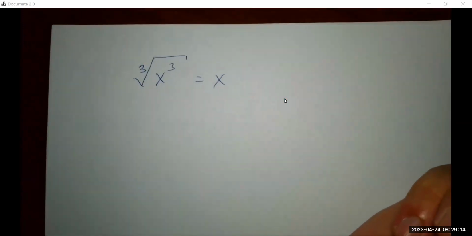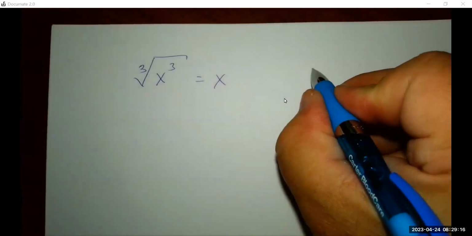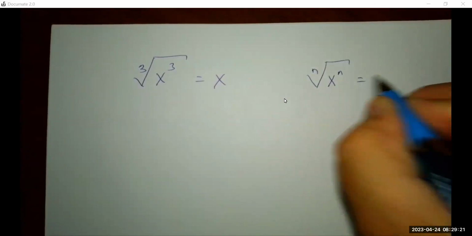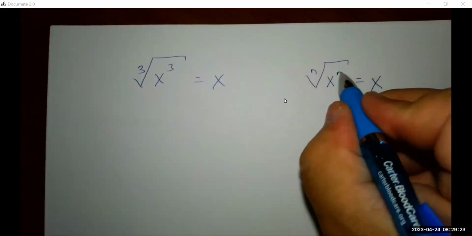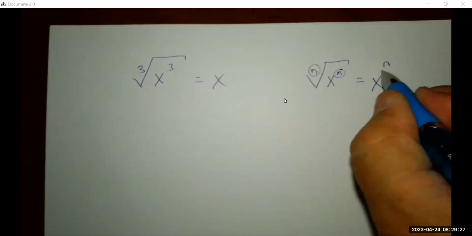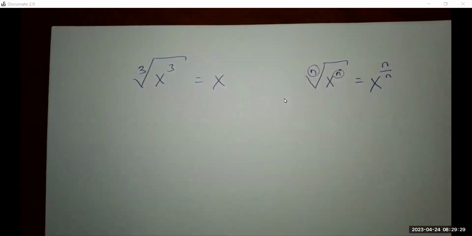Now let me show you why the cube root of x cubed equals x. Because of this rule: whatever exponent goes on top, whatever's the root goes on the bottom.